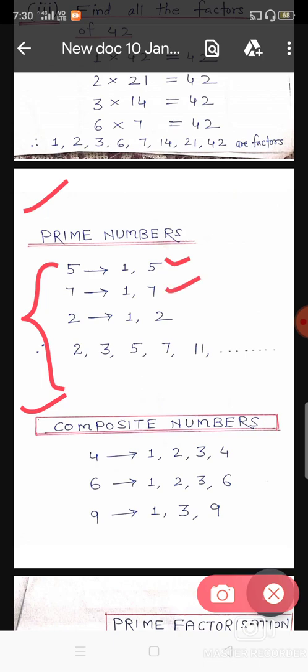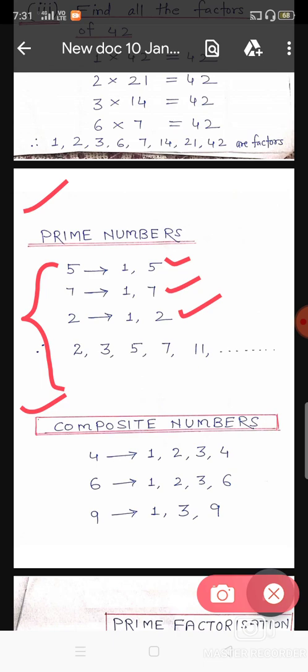How many factors of 7? 1 and 7. How many factors of 2? 1 and 2. So 2, 5, 7, 3, 11, all these numbers are called prime numbers. These numbers are divisible by 1 and the number itself. Okay? Prime numbers have only two factors.